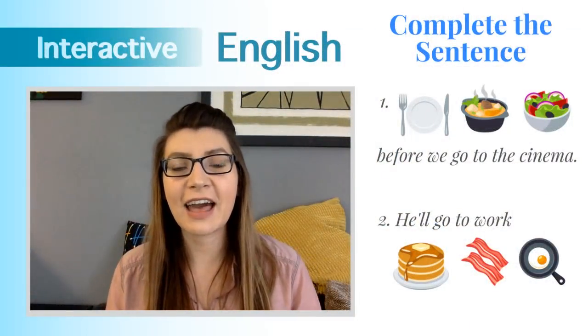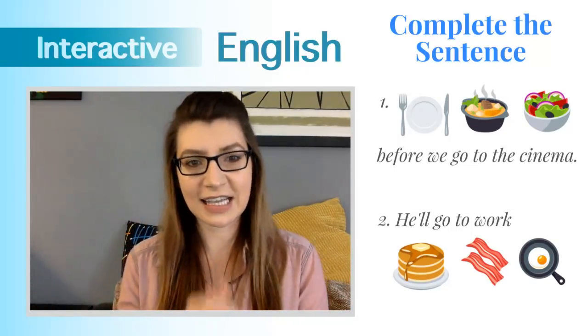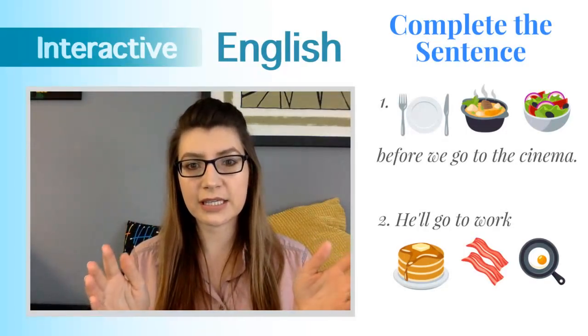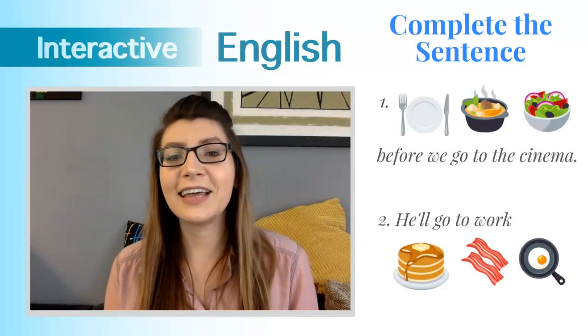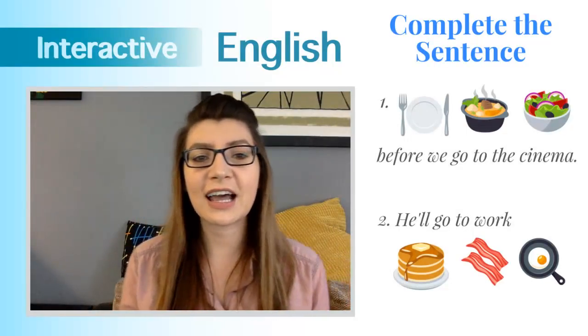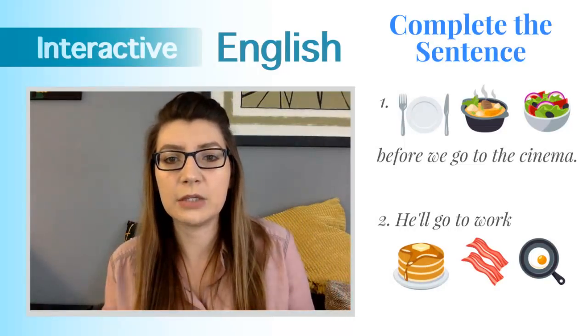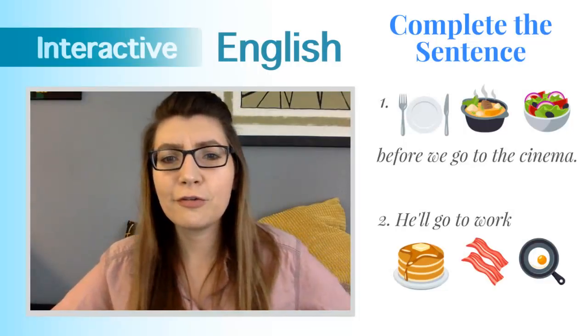So for this, I have a series of emojis, and your task is to complete the sentence. So what you have to do is I'm giving you part of the sentence, and the other part I've kind of written in emojis. And what you have to do is try to guess, to complete the sentence, write out what I mean with those emojis. So for example, we have a plate and we have some food there.